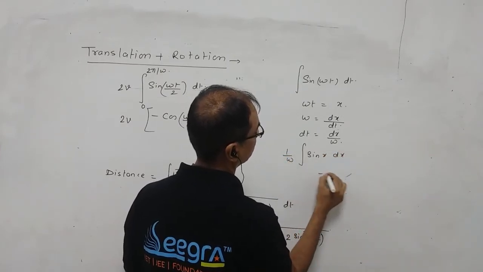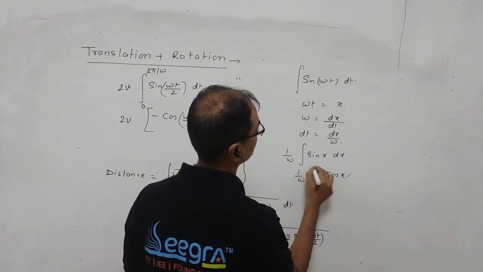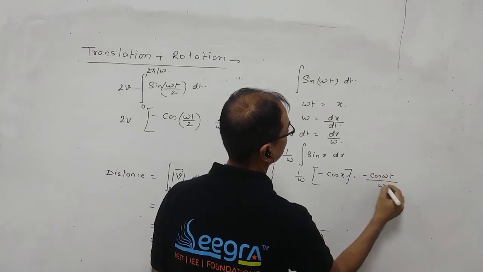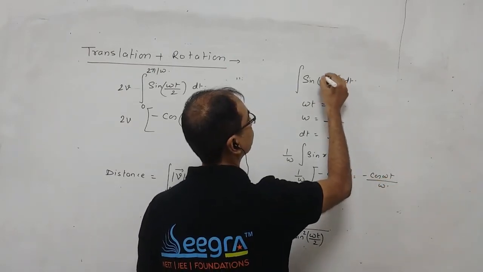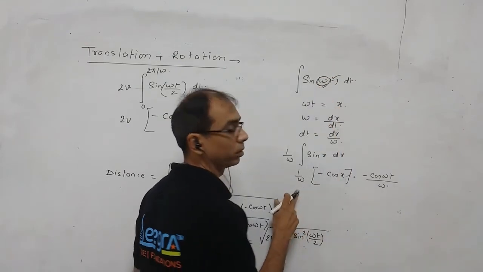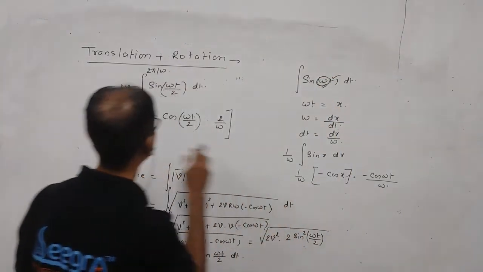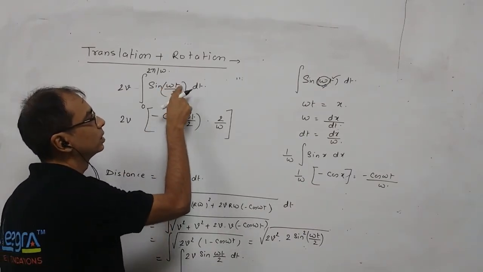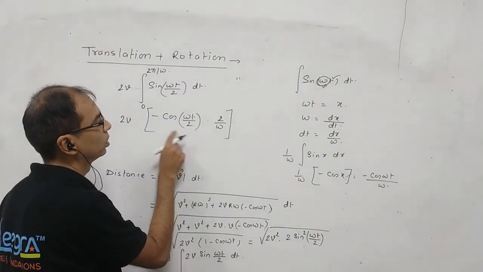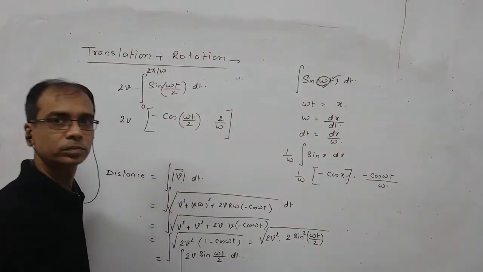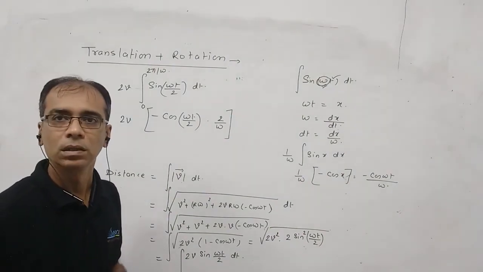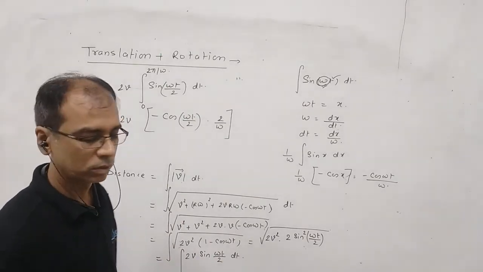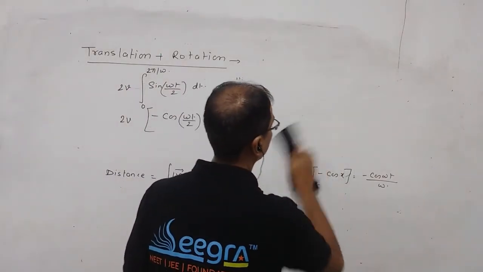Its integration is minus cos x, and omega is outside. X is omega t, so minus cos omega t by omega. So whatever is the coefficient of t comes in the denominator. Here also, sin omega t by 2 gives minus cos omega t by 2, and the denominator will be omega by 2, so it becomes 2 by omega. This is the substitution method we learned in the beginning. So we have integrated this.